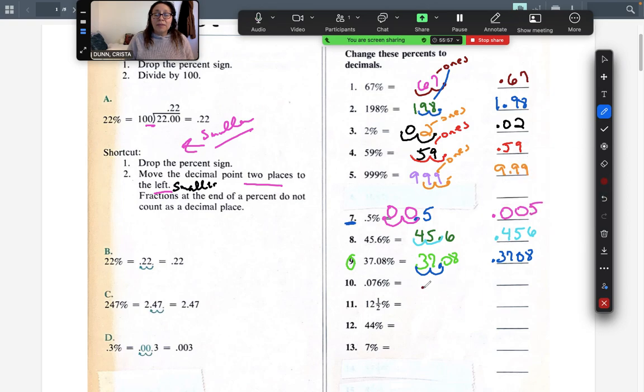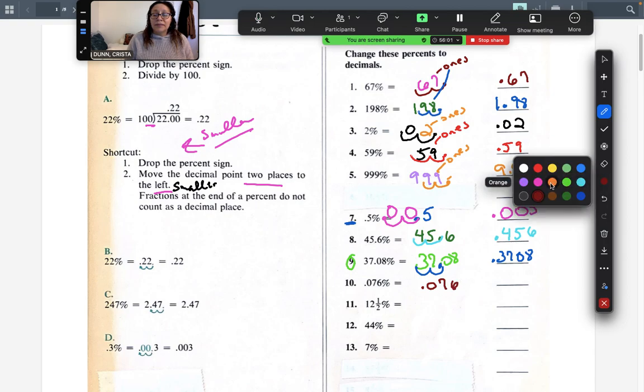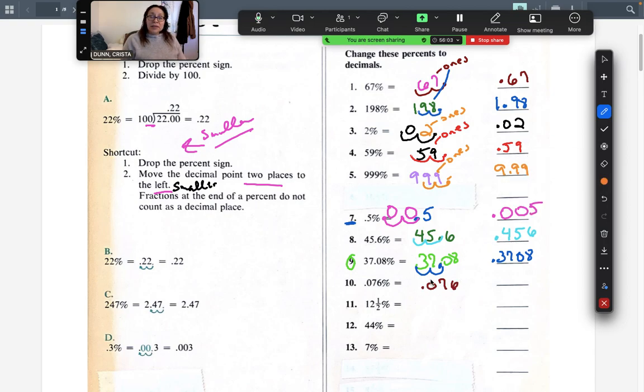And here I got 0.076. They gave me the decimal point, so I know where to start. And I have to go how many place values? Which way? Smaller. Left.